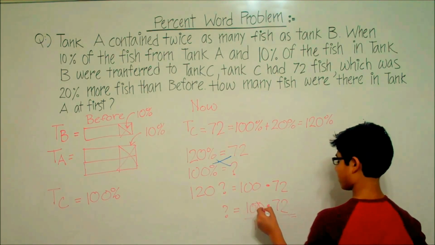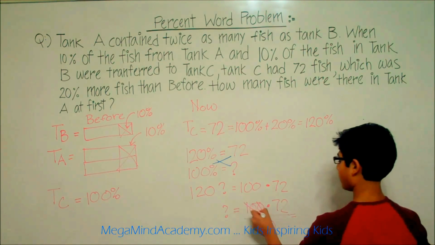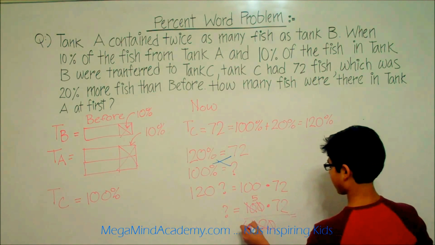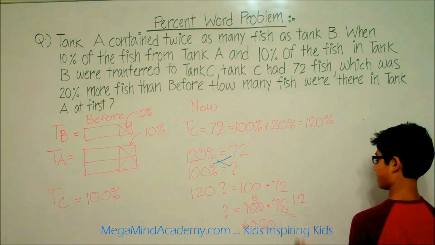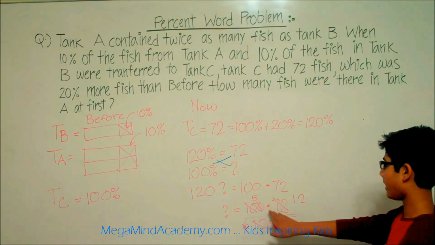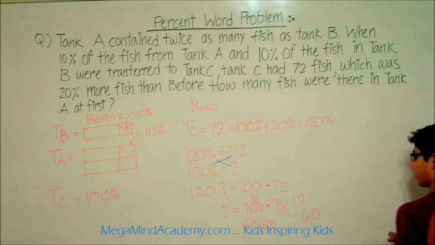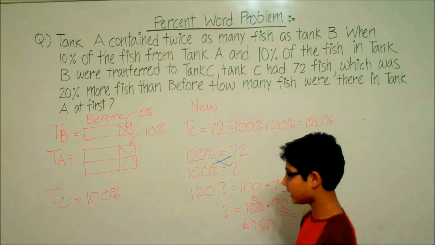The 0 and 0 cancel out. And 10 and 12 are both divisible by 2. 10 divided by 2 is 5, while 12 divided by 2 is 6. And 6 goes into 72 12 times. So we get 5 times 12, which is equal to 60 fish. So this means that Tank C had 60 fish before.